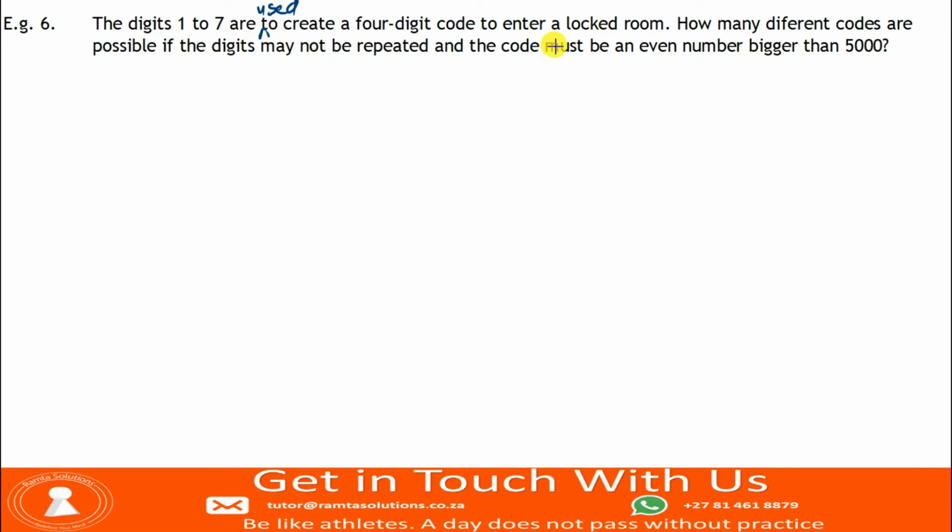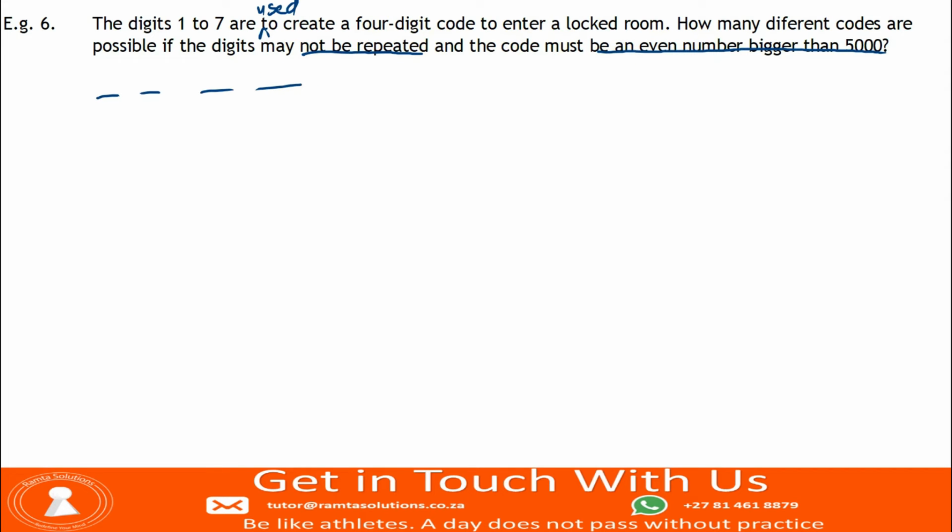How many codes are possible if the digits may not be repeated, and the code must be an even number bigger than 5,000? Numbers that make this code greater than 5,000 are 5, 6, 7 to begin with. The first number could be 5, 6, or 7, right?